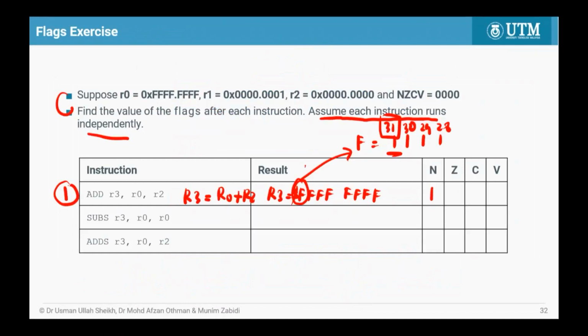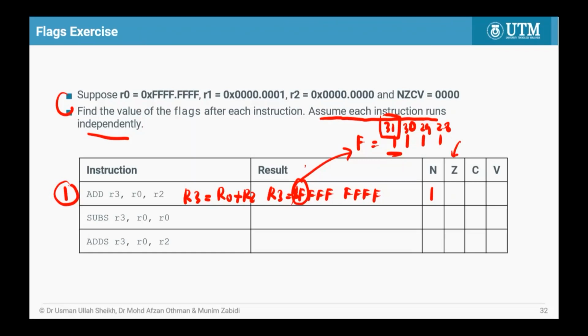What about your Z? Z is 1 or 0? Z is 1. Why are you saying Z is 1? What does the Z flag indicate? What is this Z flag telling you? Whether the result is 0 or not.